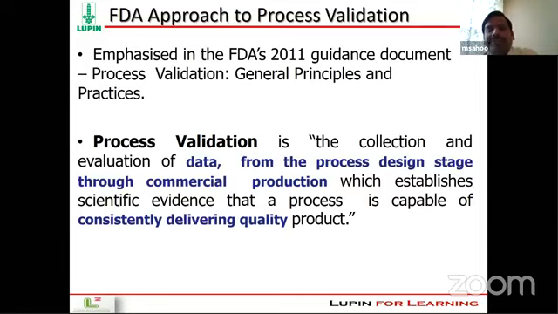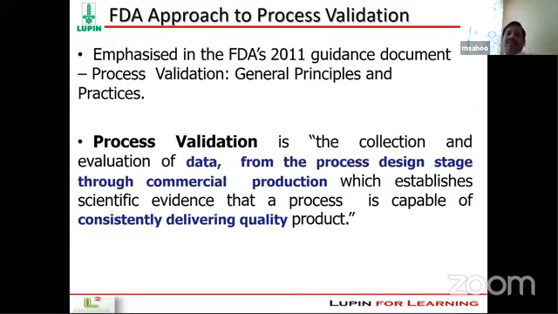All these guidelines came, and then we started to look at process monitoring in a very different way. Now, by basic definition, like any question you will get in an interview, what is the definition of process validation? Come on, this is what everybody gives me. It's the collection and evaluation of data from the process design stage through commercial production, which establishes scientific evidence that the process is capable of consistently delivering a quality product.